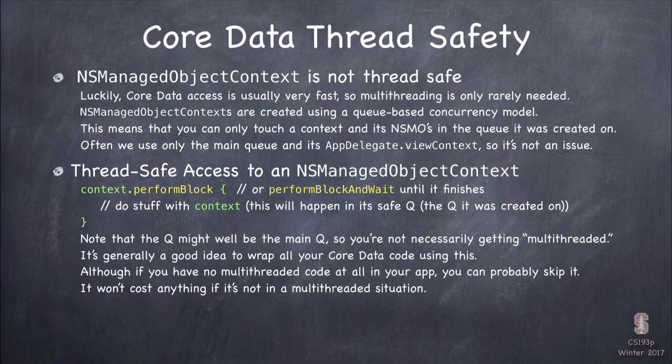Now, that might be a little bit of overkill, especially if you're mostly using the main queue anyway, and maybe you only use background queues for a tiny little bit of processing on the side. It's not like you have tons of contexts in lots of different queues all going at each other. So it might be overkill, but if you're doing anything where you truly have multiple contexts on multiple queues and they're accessing things, this is a good way to be safe.